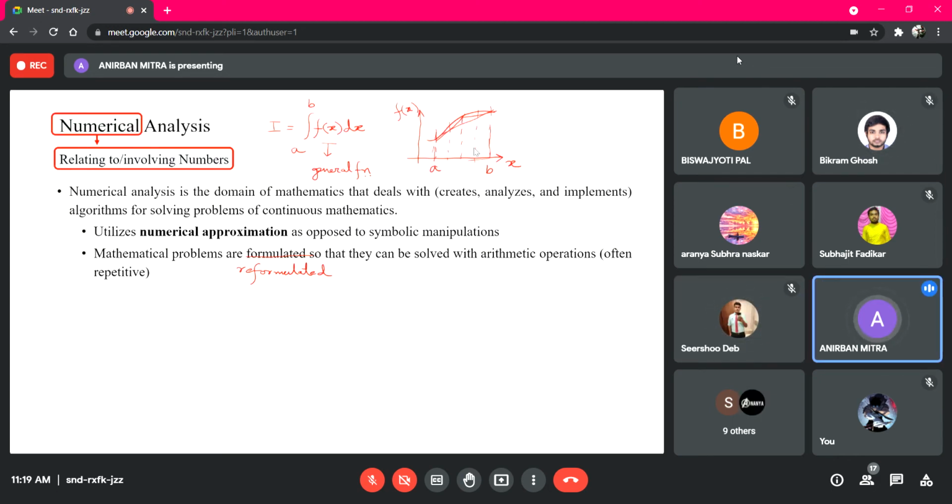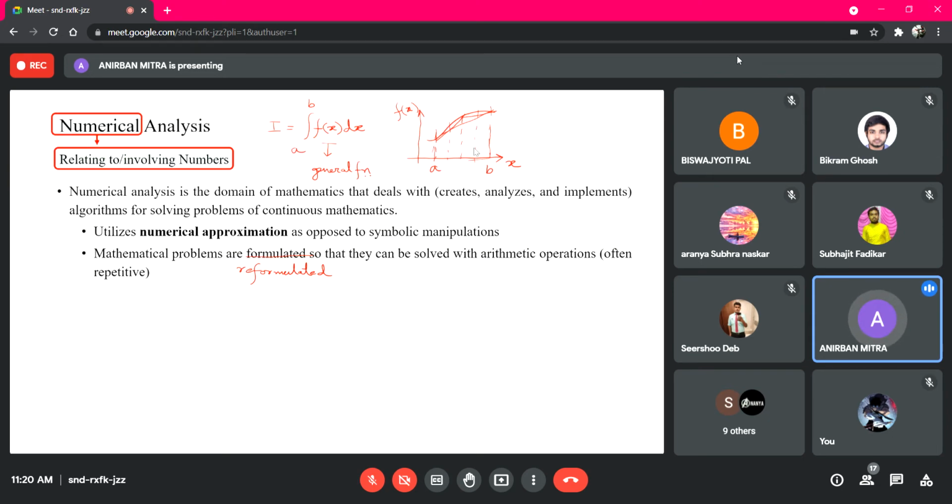And that is what is basically done in numerical analysis. We reformulate a known mathematical problem in such a way that only on the basis of certain basic arithmetic operations, we can get the results. So again, I reiterate two points regarding the objective of numerical analysis.